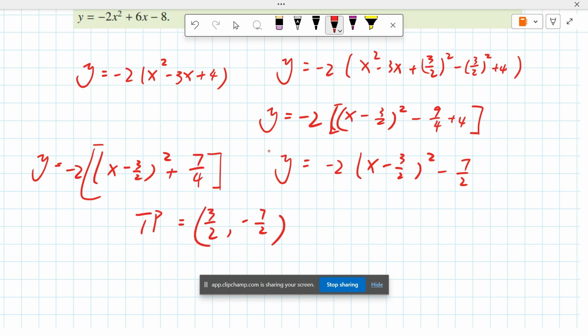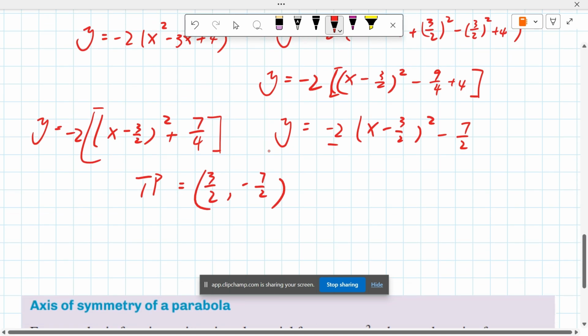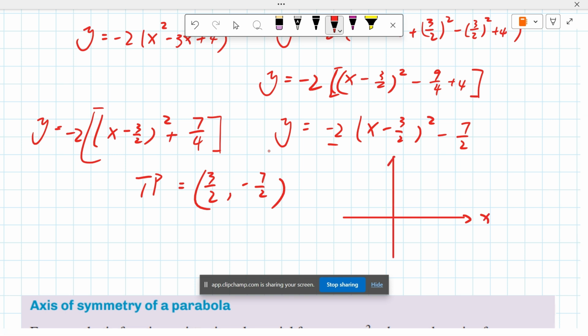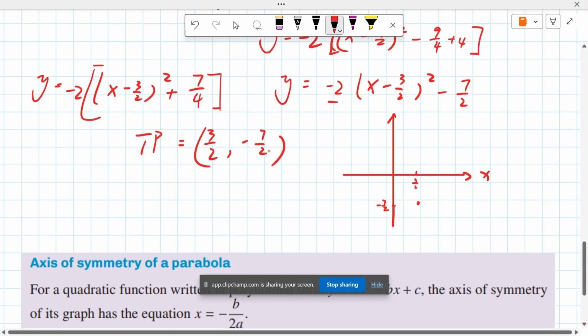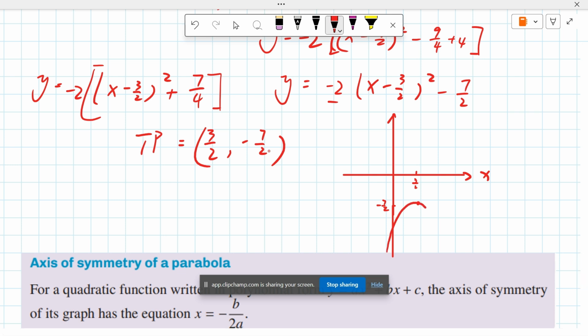And because that's a negative, your graph will be going down. And also, because of your turning point in here, you won't have any x-intercept. So basically that is the graph.